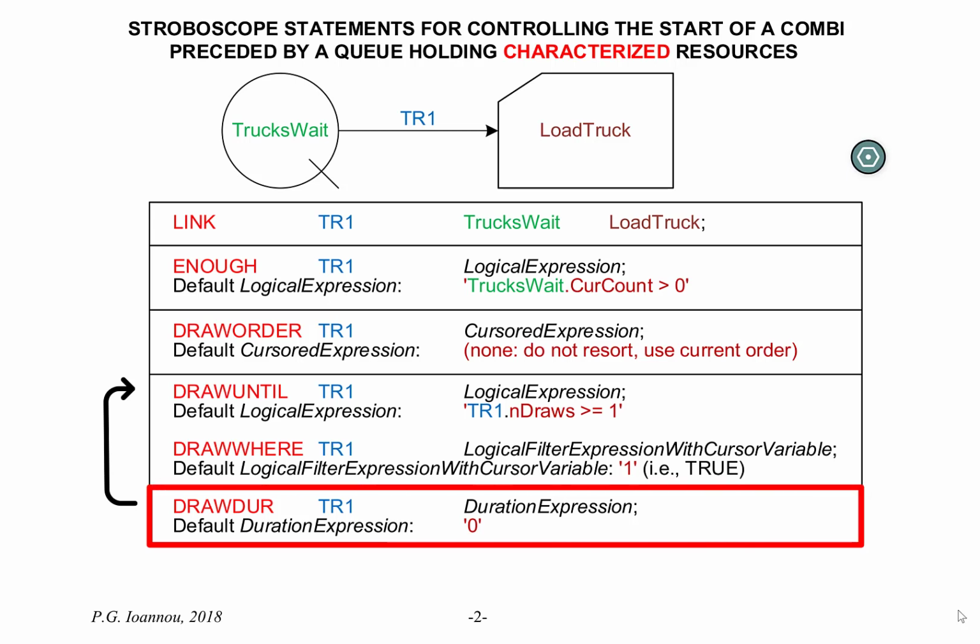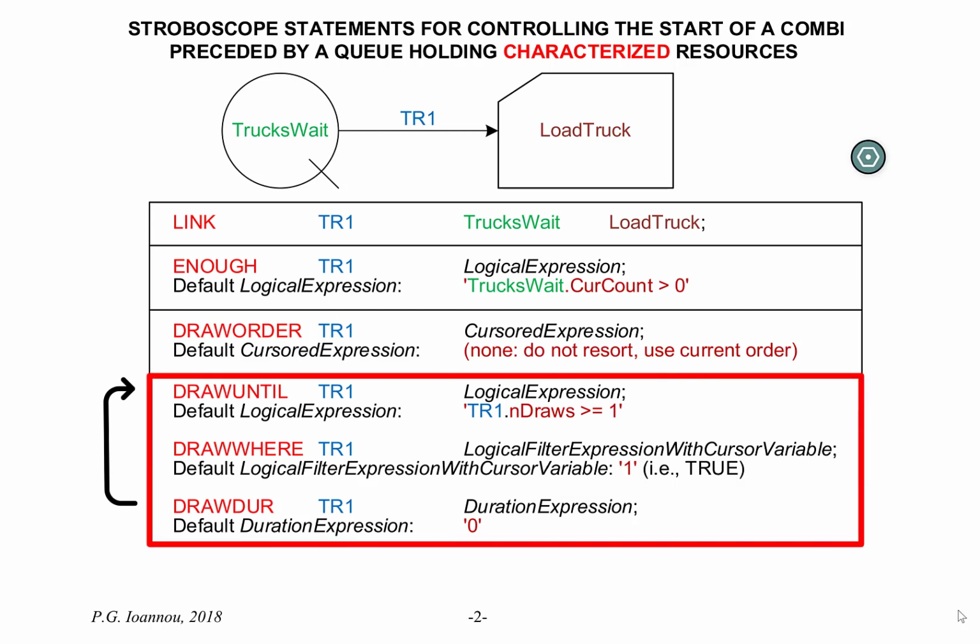When link TR1 draws a resource from the preceding queue, it also executes the argument of the draw duration statement. The draw duration expression provides a mechanism by which to sample expressions that can be used to determine the duration of each draw in terms of time. The default expression for the duration expression is 0.